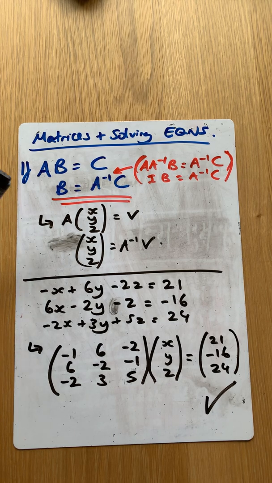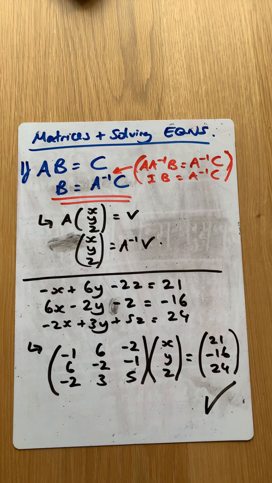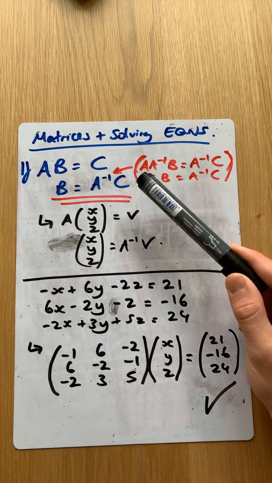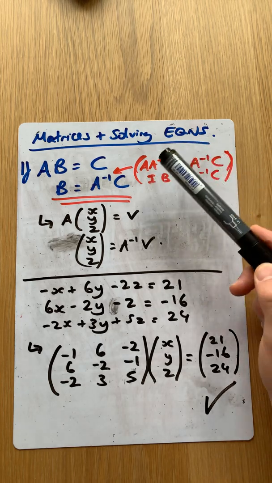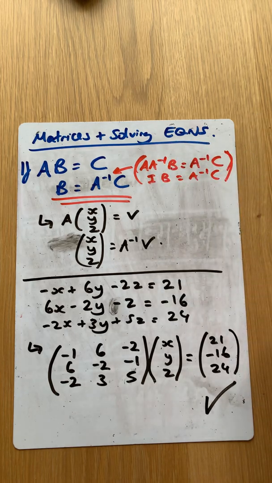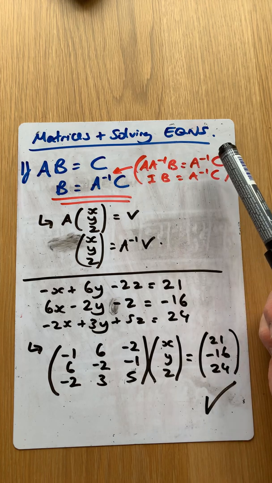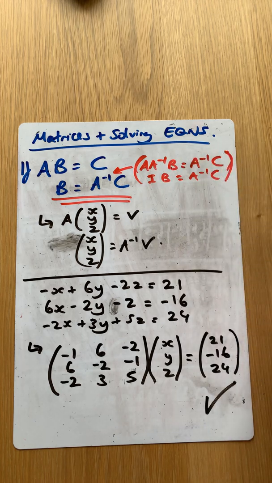I want to start off by talking about this identity at the top. AB equals C, okay, where let's say all of those are matrices of some description. Using what we spoke about last week, the inverse properties, we should understand that we can use this approach to get an expression just for B. If we multiply by A to the minus 1, we can get A to the minus 1C.